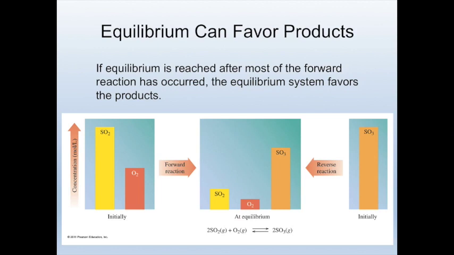So this means that equilibrium can favor either the forward or the reverse reaction. If equilibrium is reached after most of the forward reaction has occurred, the equilibrium system favors the products. So in this case, no matter where we start, the reaction goes mostly in the forward direction, meaning that this reaction favors products.